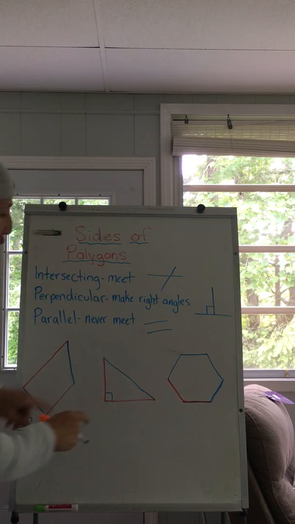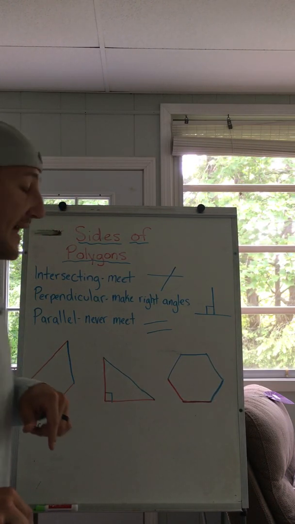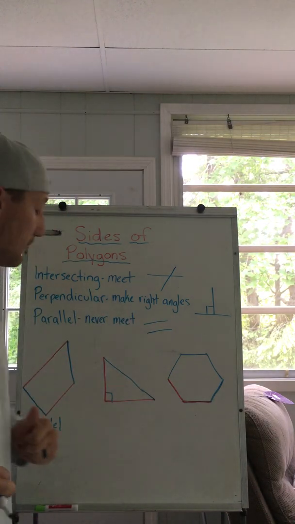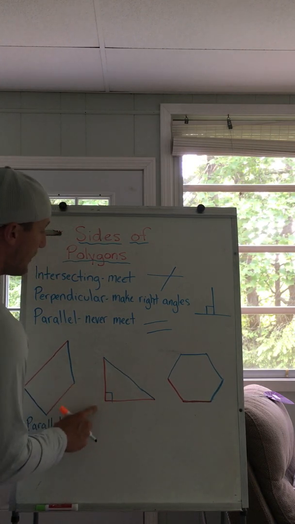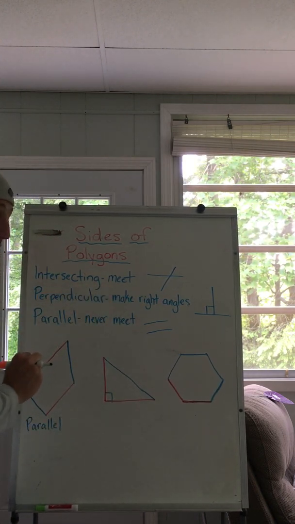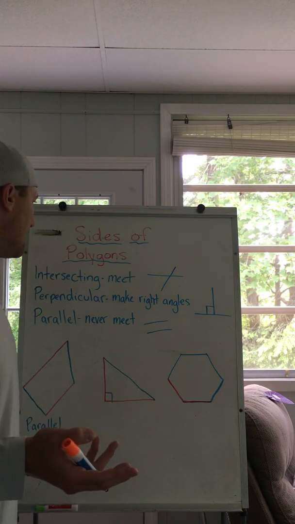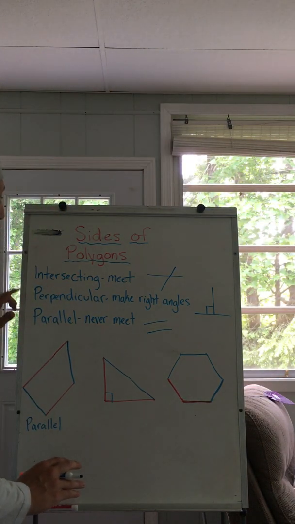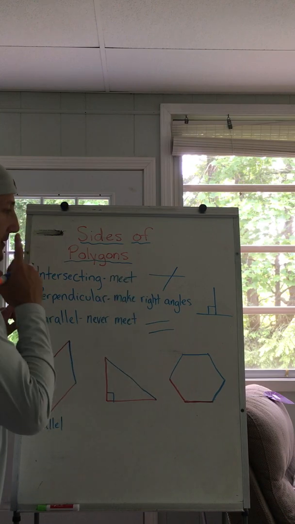Now let's take a look at two red lines on this polygon right here. This polygon right here has three sides, so I know that it is a triangle. Cool. These two red lines right there, do they meet? Oh, they do meet. So they're intersecting lines, right? Not so fast. Let's just make sure. Perpendicular. Do they meet and make right angles?